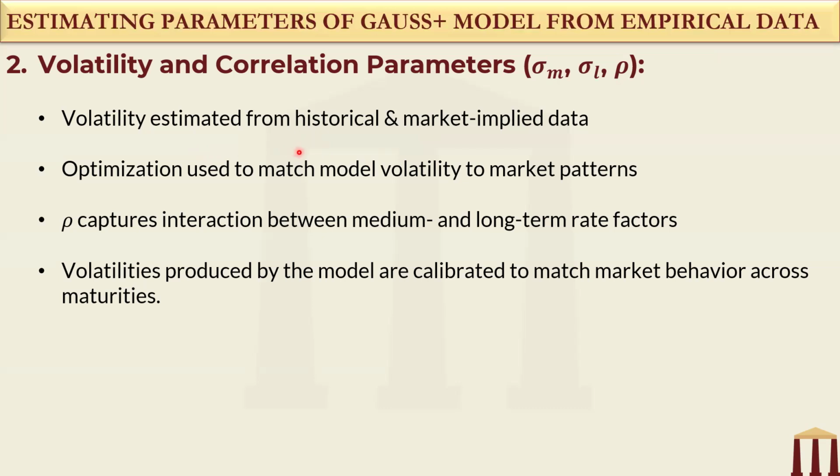Okay. So these can be based on two things. You can have historical or you can have market implied volatilities. So basically, the historical will be what you have actually observed, the observed variability you can say in the interest rate data historically.